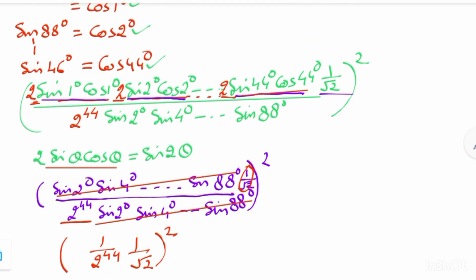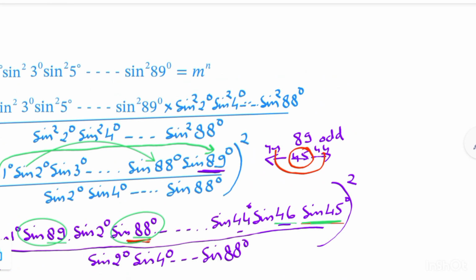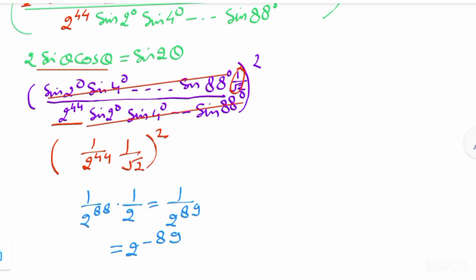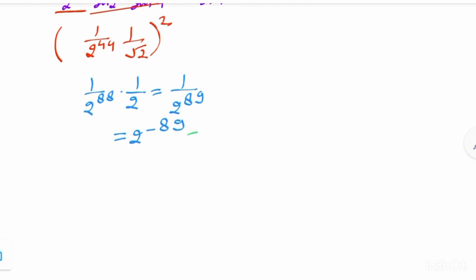And this is given equal to m to the power n. So on comparing, we will get m is equal to 2 and n is equal to minus 89.